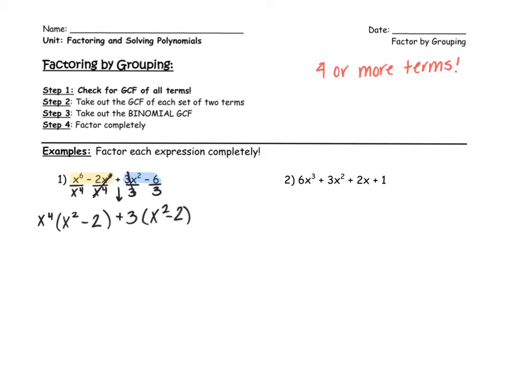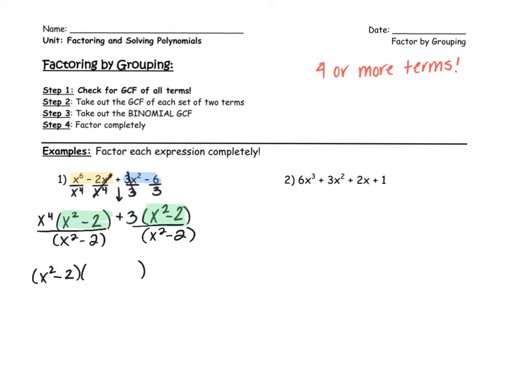Now, my last step is going to be to take out that GCF again. There is a GCF here. This x squared minus 2 is in common with both of these terms. So we're actually going to take out the GCF of x squared minus 2, followed by an open parenthesis, and we're going to divide each term by that x squared minus 2.